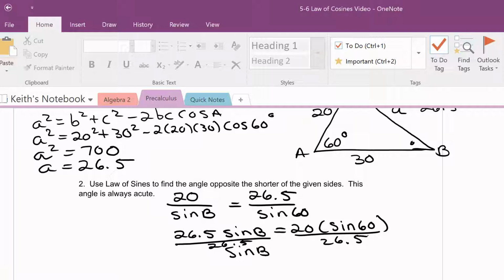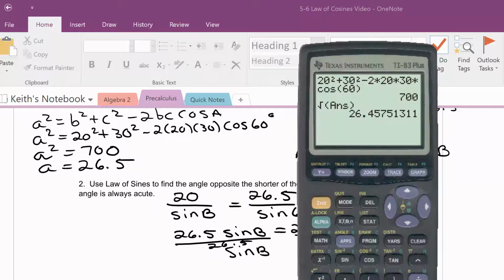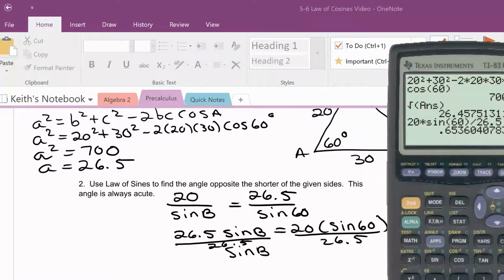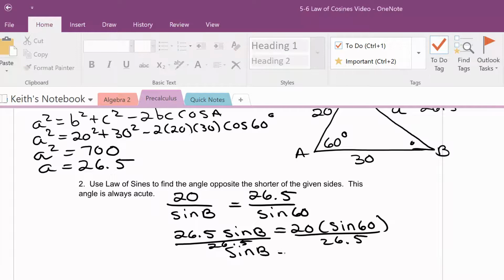So when you type that in your calculator, 20 times sine 60 divided by 26.5, that gives you 0.654. So sine B is equal to 0.654.